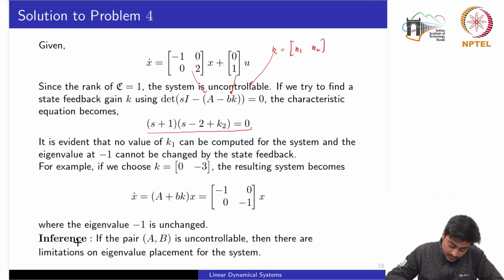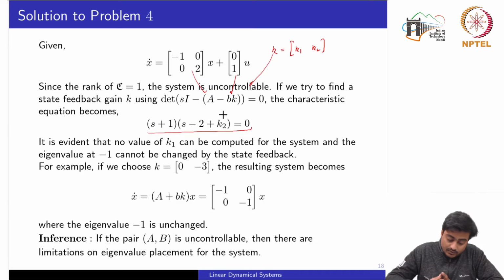So the inference we have drawn from solving this problem is that if the pair AB is uncontrollable, then there are limitations on eigenvalue placement for the system. It also shows that, depending on the rank of the controllability matrix, only one of the eigenvalues can be placed anywhere.